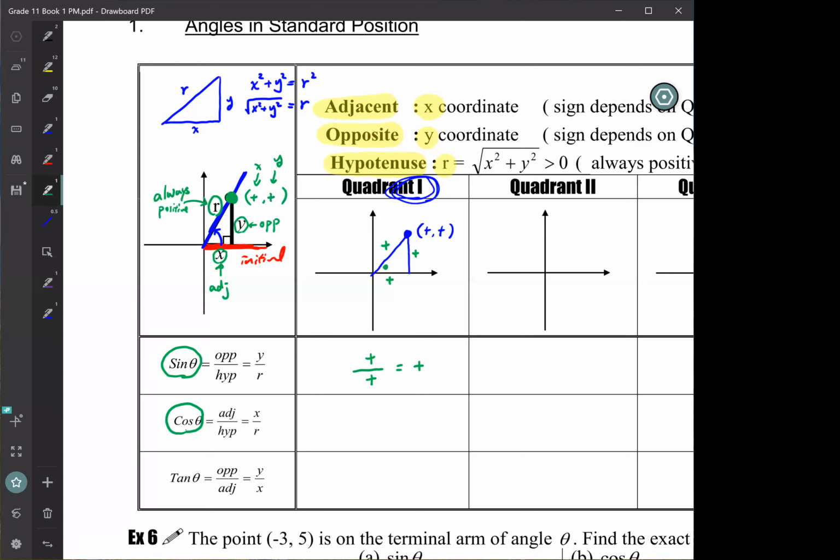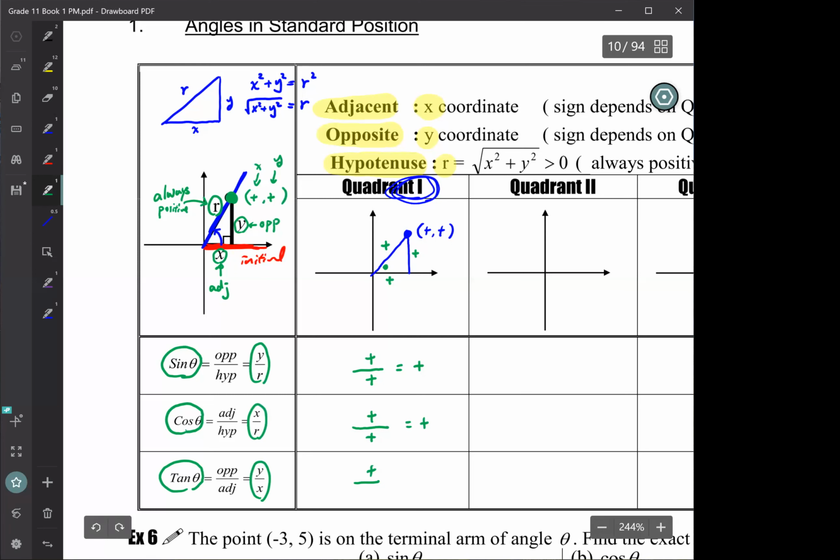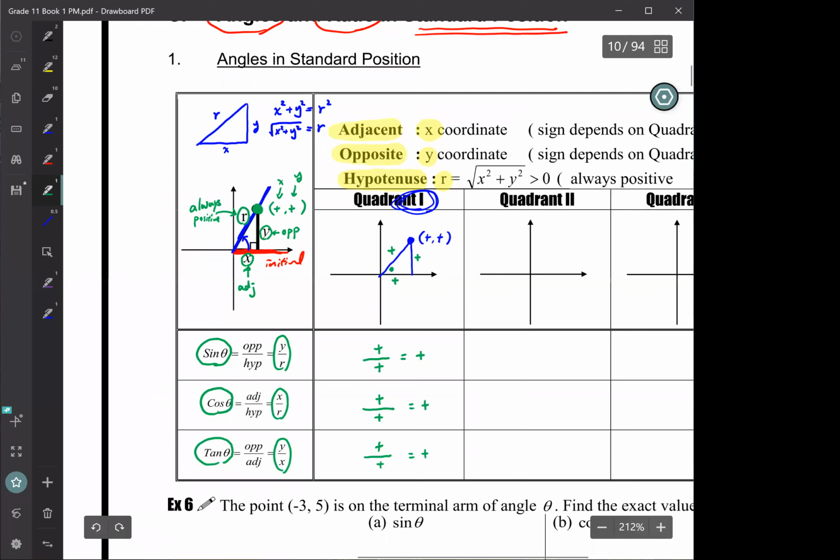Adjacent is positive, right? Adjacent over hypotenuse, so still positive. Okay, and then next one is the tangent. Tangent is opposite over adjacent, so y over x, right? You can just use the letters, okay? Y is positive, x is also positive, so you get positive. So first quadrant, everything is positive, okay?